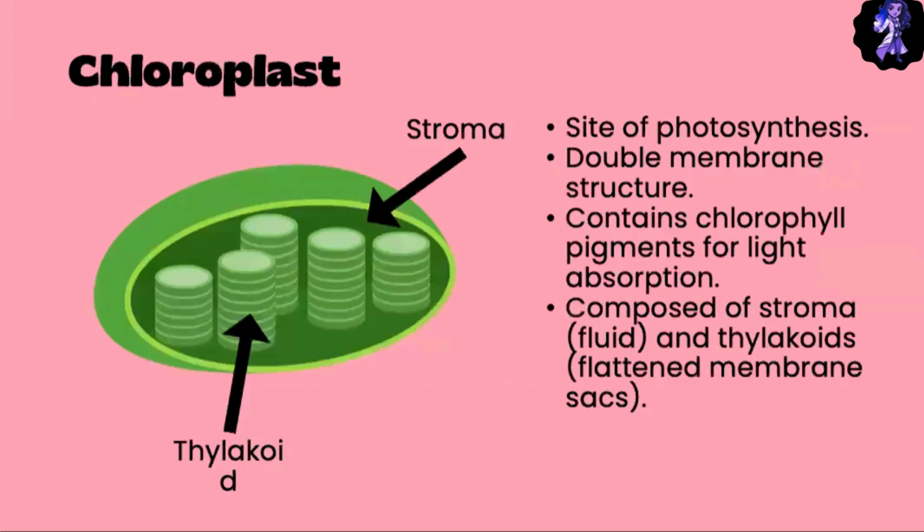So those are vacuoles. Another plant organelle is called a chloroplast. I want you to think of chloroplasts as the opposite of the mitochondria.